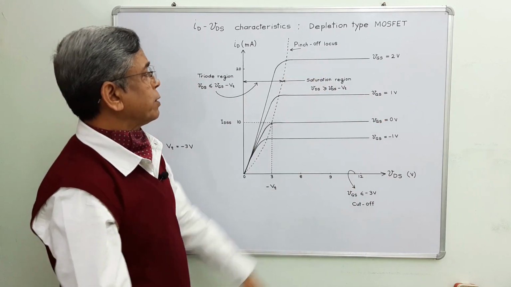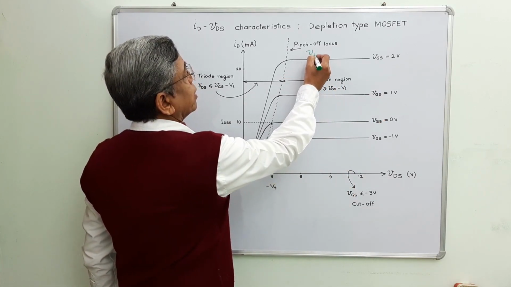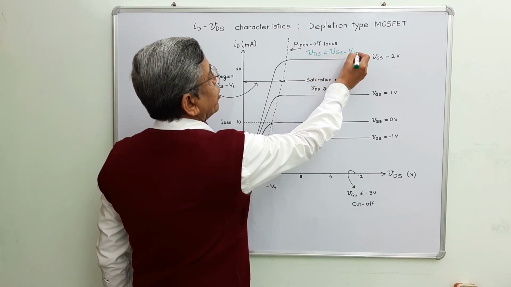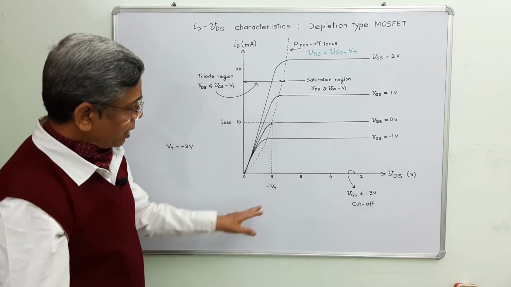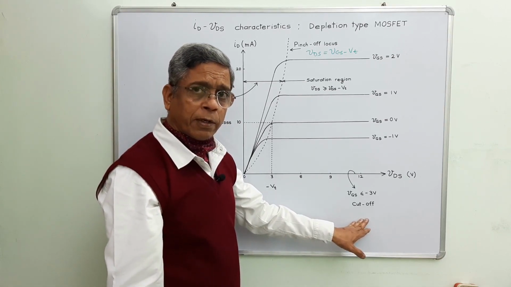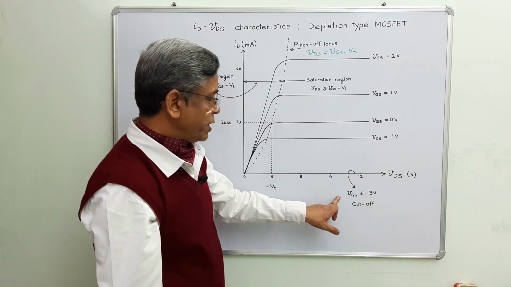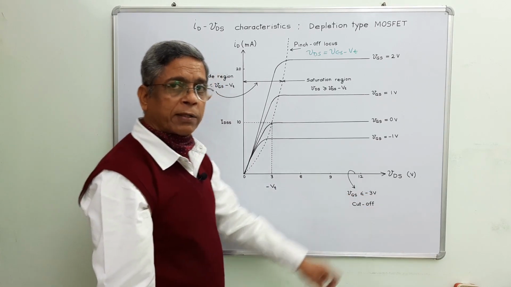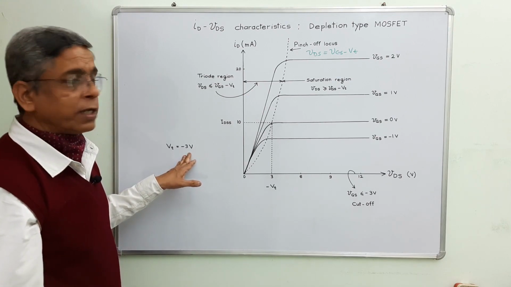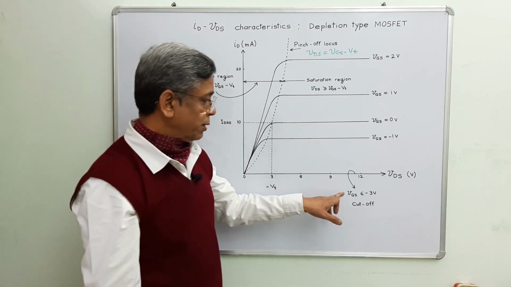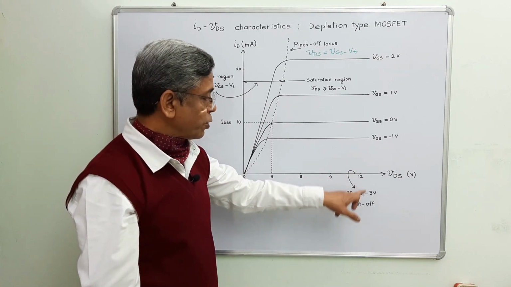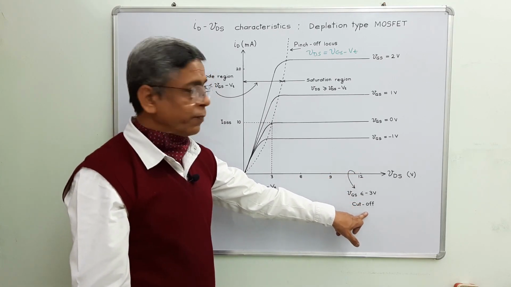At pinch off locus, VDS is equal to VGS minus VT. And the third is cutoff, where VGS is less than or equal to minus 3 volt. Minus 3 volt is the threshold voltage for depletion type. So at this position, there would be no drain current. That's why this line shows the cutoff region.